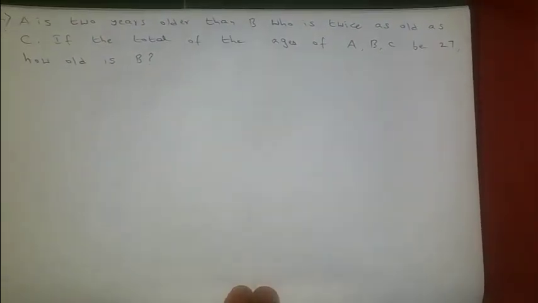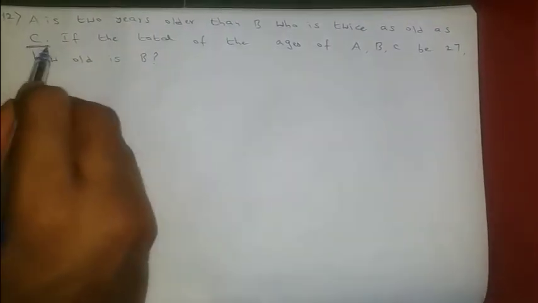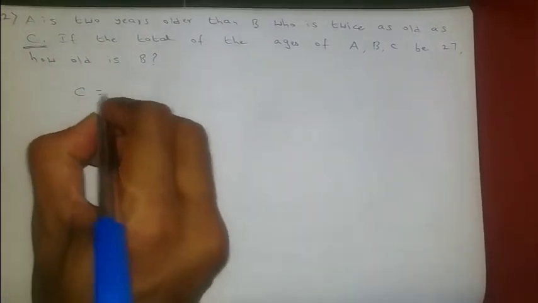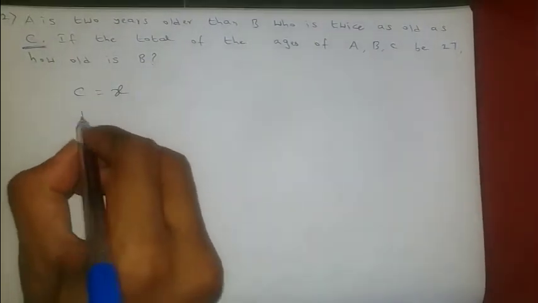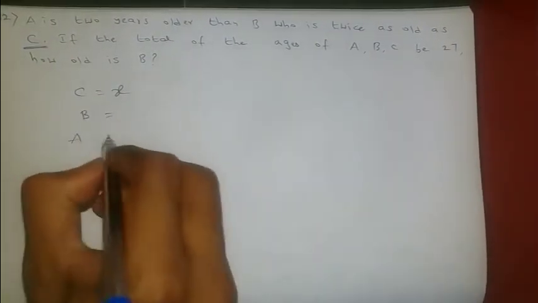A is 2 years older than B, who is twice as old as C. Here the last word is C. So C's present age I am taking as some constant x. Then what is the age of B and what is the age of A?